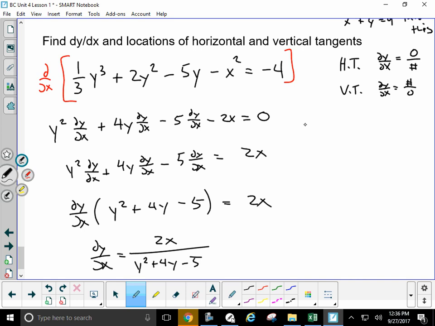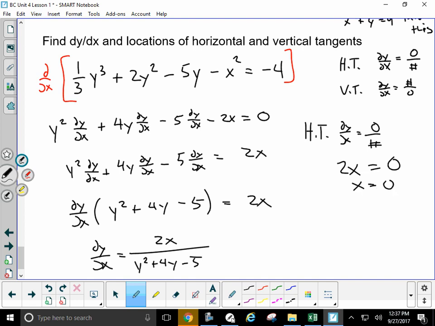Now, finding my horizontal tangents. When dy/dx is a 0 over a number, I'm going to set this equal to 0. All that we care about is the numerator being equal to 0. And as long as my denominator is not equal to 0 at whatever this value is, then I'm fine.